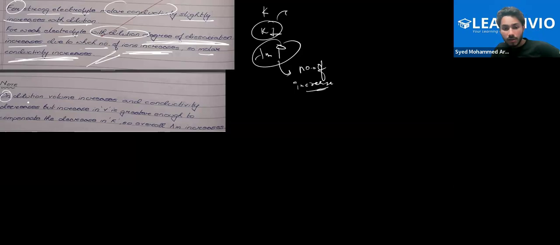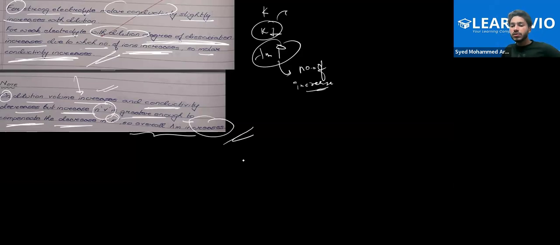On dilution, the volume increases, and the conductivity decreases because the increase in the volume is great enough to compensate the decrease in kappa. That's why molar conductivity increases. So this is all for this class.